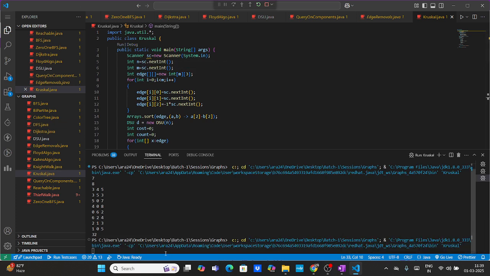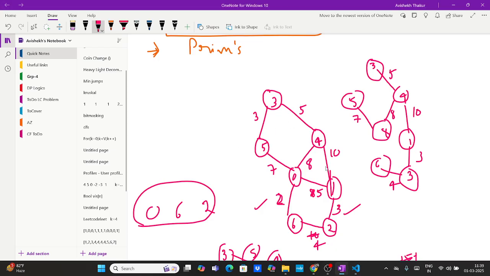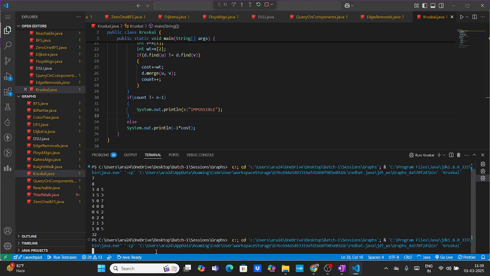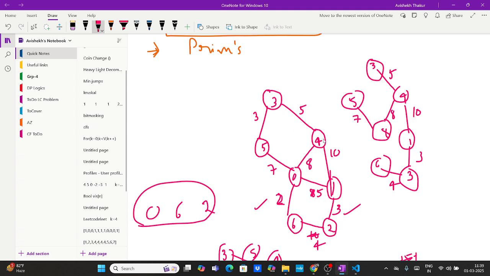And all the edges are the same. Are all the edges the same, guys? Yes. So now nine edges, right? In total, or 8 edges itself? 9 edges: 1, 2, 3, 4, 5, 6, 7, 8, 9. Okay, now 9 edges. So what we'll do is we'll just write everything from the top.